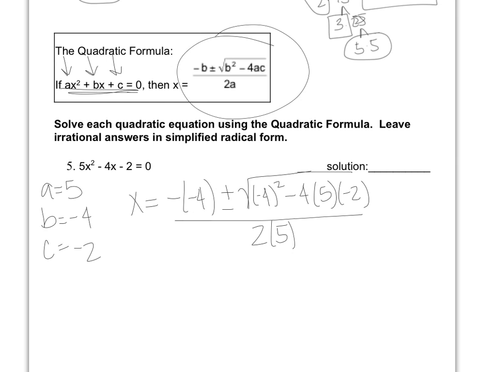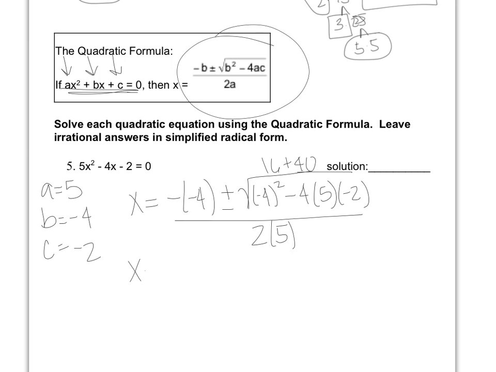Okay, so once you have plugged in your a, b, and c into your formula, you're going to find the number that's under the radical. Negative 4 squared is 16. Then 4 times 5 times negative 2 is negative 40, so that would be plus 40. So under the radical, you should have 56.